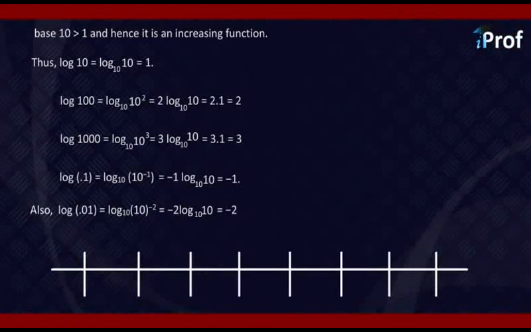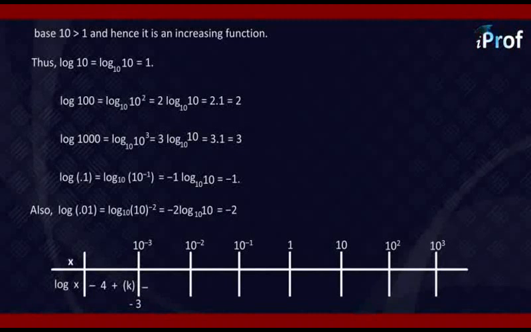Note the following table. X, the values at 10 raised to power minus 3, 10 raised to power minus 2, 10 raised to power minus 1, 1, 10, 10 square, 10 cube. The values of log x are, at 10 raised to power minus 3 we have just now seen, its value is minus 3. At 10 raised to power minus 2, its value is minus 2. At 10 raised to power minus 1, its value is minus 1.